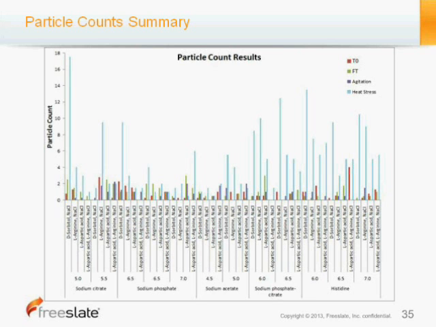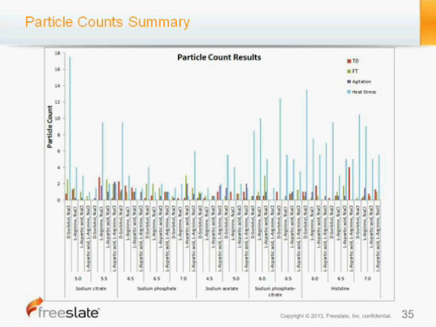Now, with the heat stressing, we were able to see some differences in the particle counts. If we look at the T0 data, which is in red, we can see that the particle counts in the beginning were relatively low. We didn't see more than 5 particles in any given vial, and for most cases, there were less than 2.